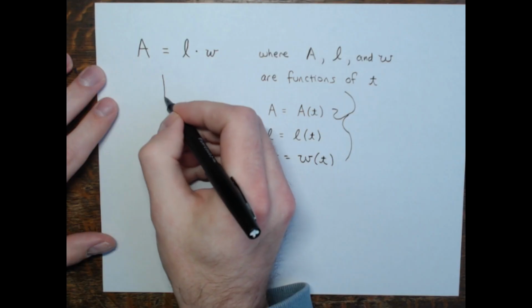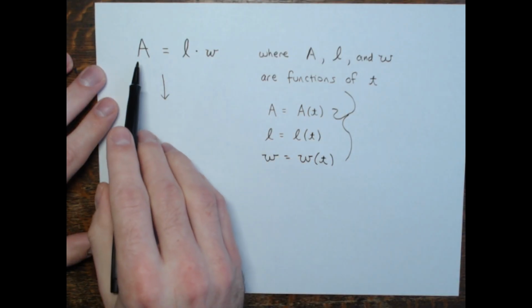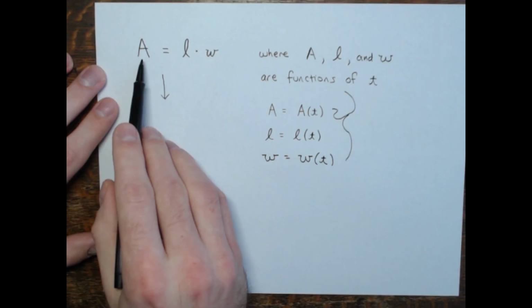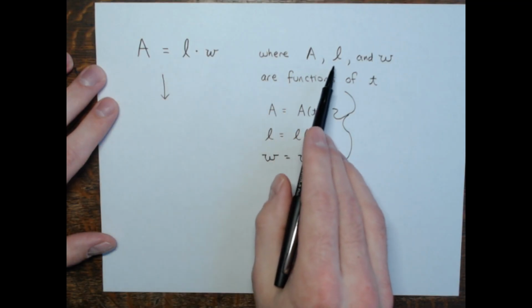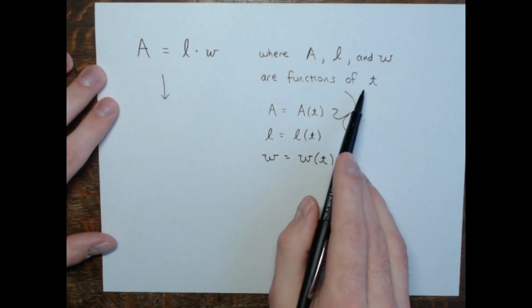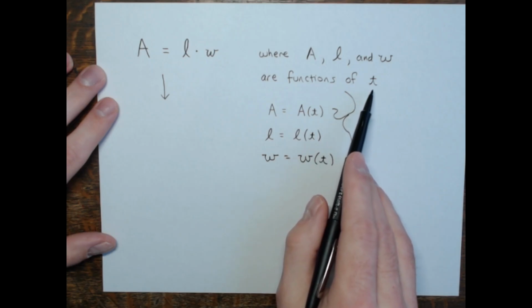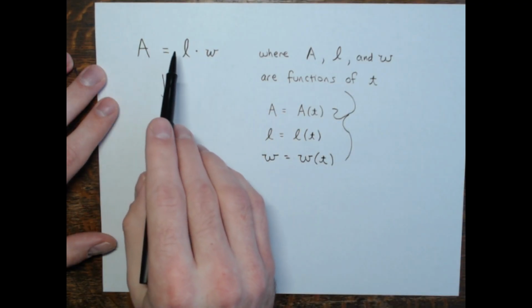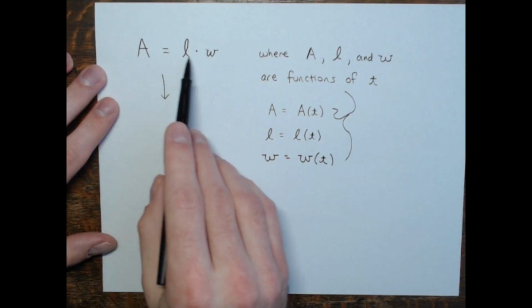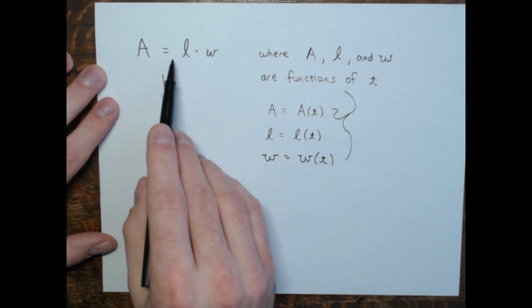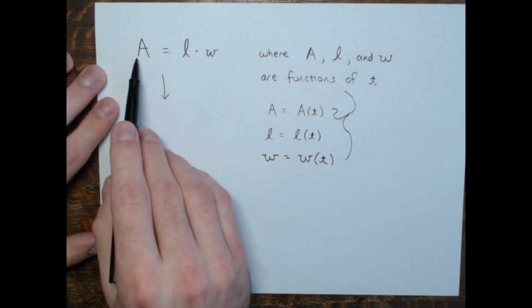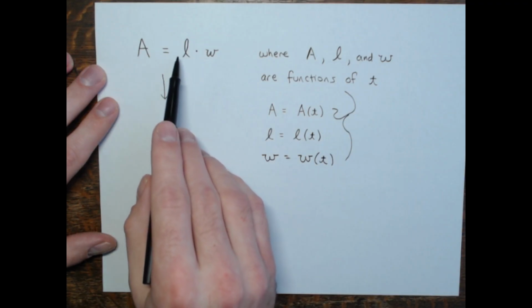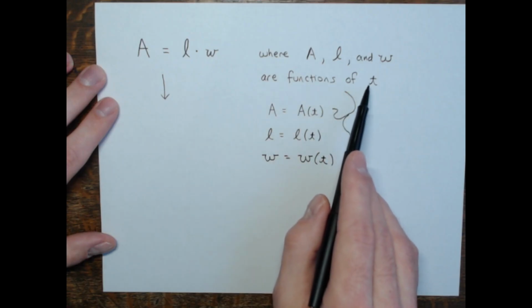So what we do then, okay, you have this relationship between these quantities that change with respect to a particular variable, in this case t. So I have this equation relating the area, the length, and width of a rectangle. Area equals length times width. And area, length, and width separately all depend on this t.